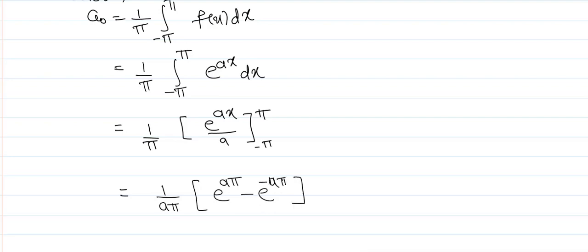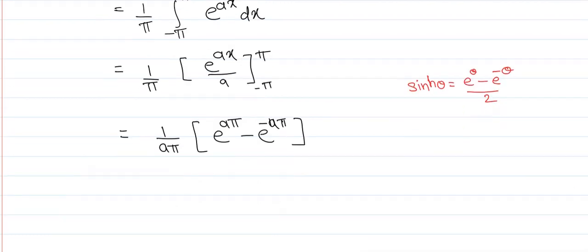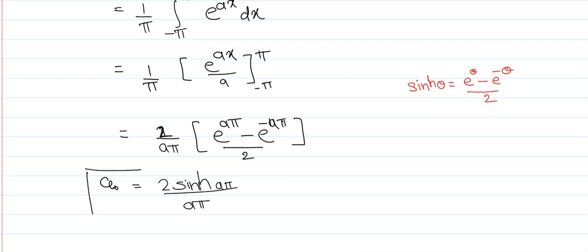Now we know the formula of sine hyperbolic theta is e raised to theta minus e raised to minus theta divided by 2. So we have to adjust these two. We multiply numerator by 2 and denominator by 2 inside the bracket. So we get the value of a naught as 2 sine hyperbolic a pi divided by a pi.